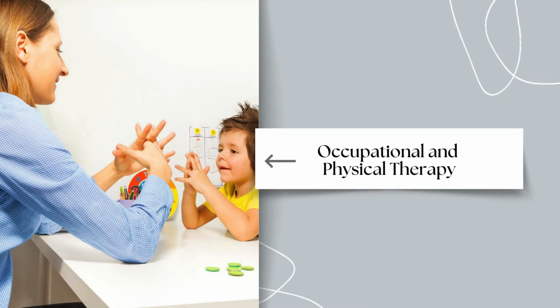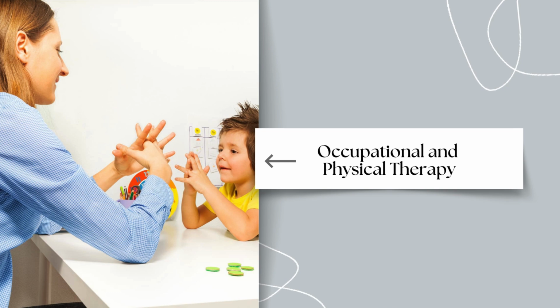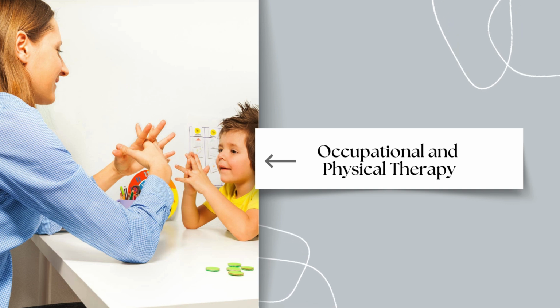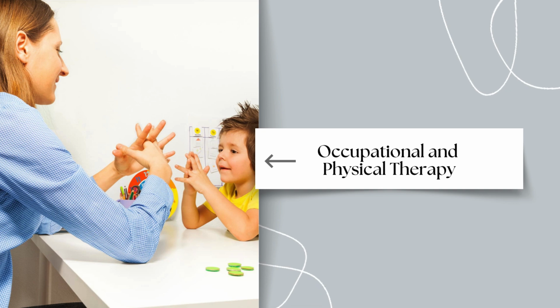Occupational and physical therapy teaches skills that help them live as independently as possible, that may include dressing, eating, or bathing. This training helps to improve sensory processing issues and develop essential skills.